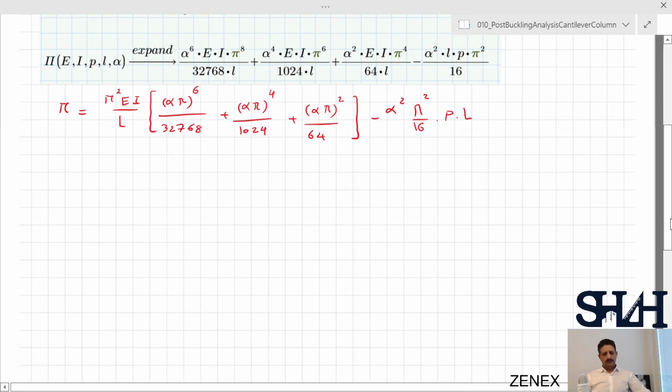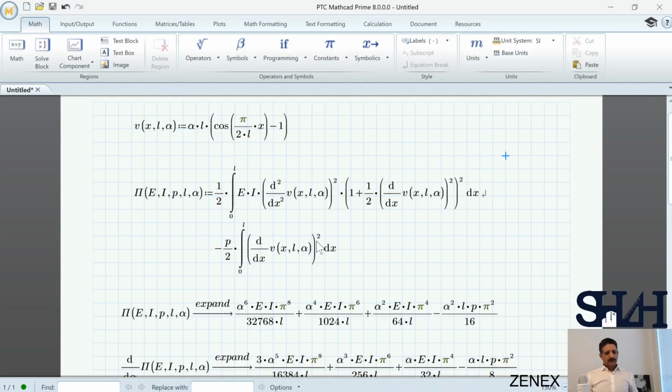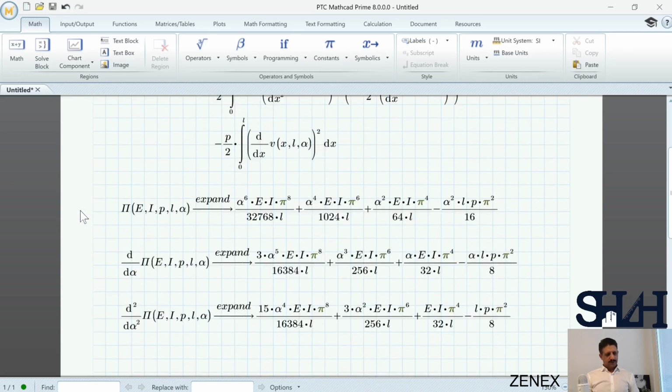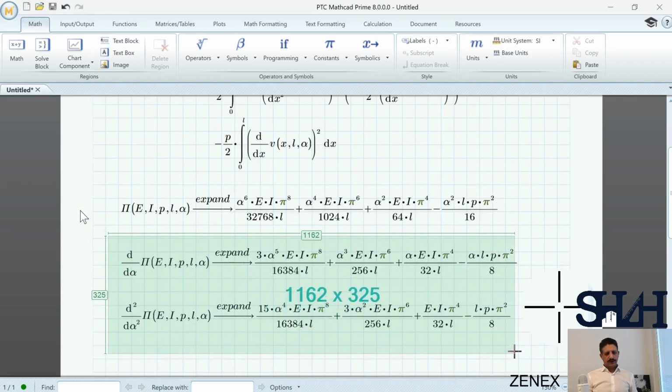I can bring also the first and second order derivative for this total potential energy equation.